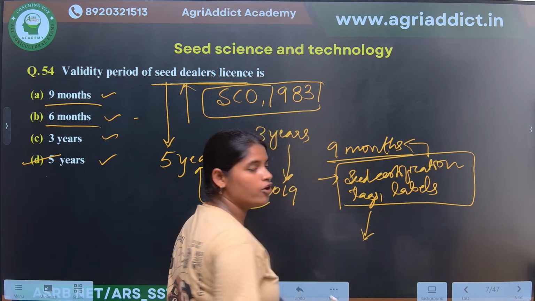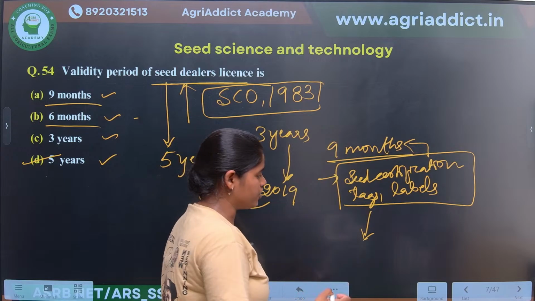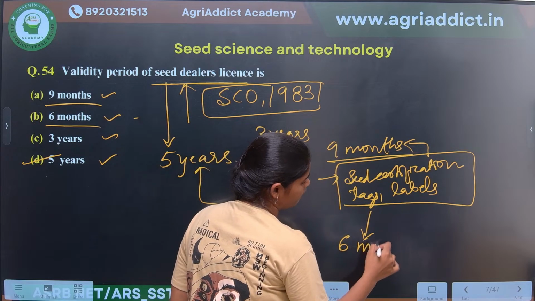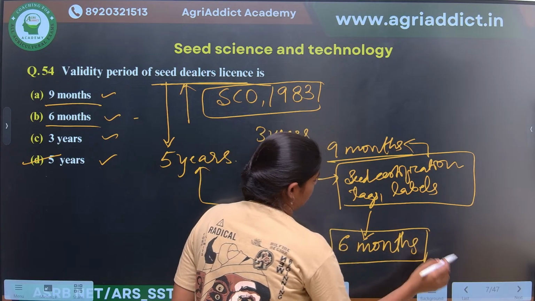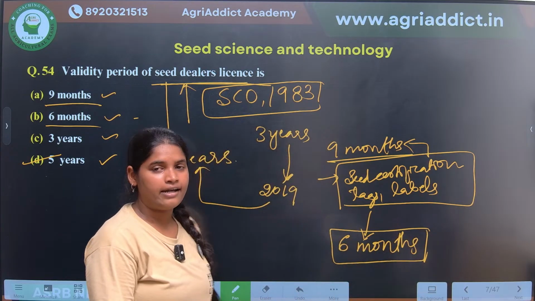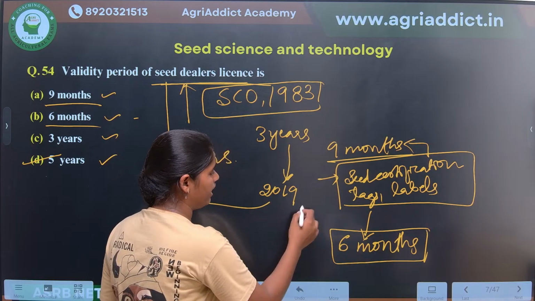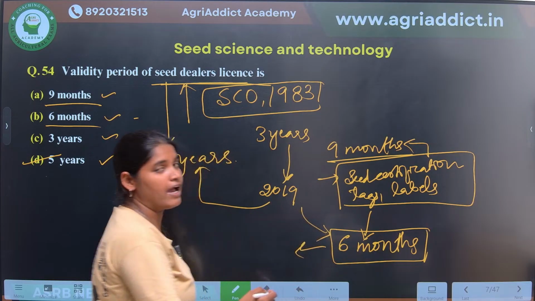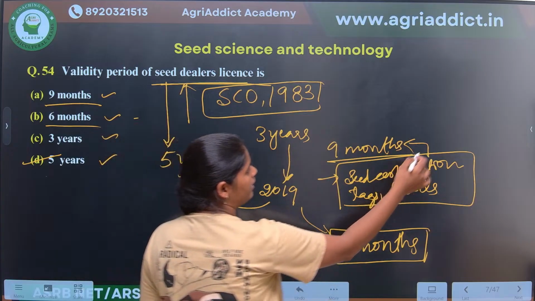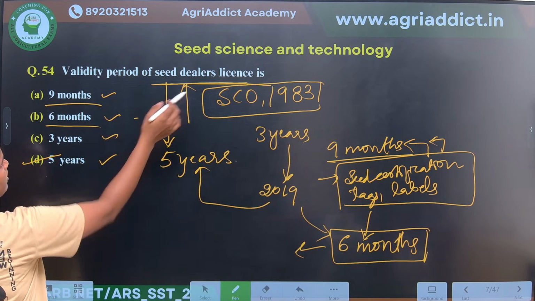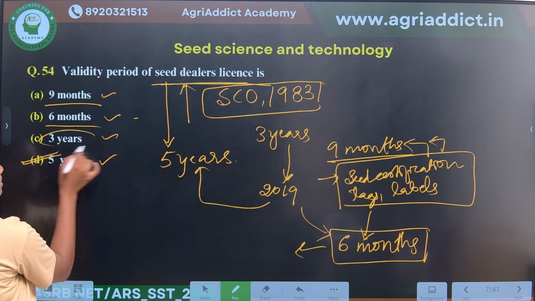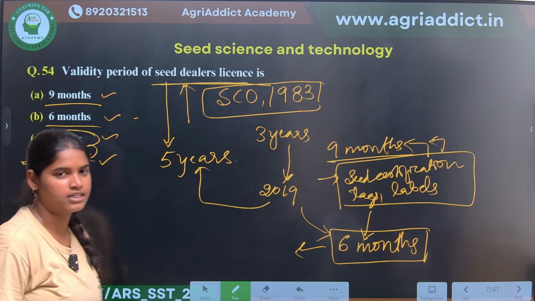And if you want to get it revised, that revised one is valid for 6 months. Okay. You see the conditions also, when it will be reapplied and when they will give a revalidity to this. So that is the validity period for seed certification. Then the validity for seed dealer's license, earlier it was 3 years, but now it is revised to 5 years.